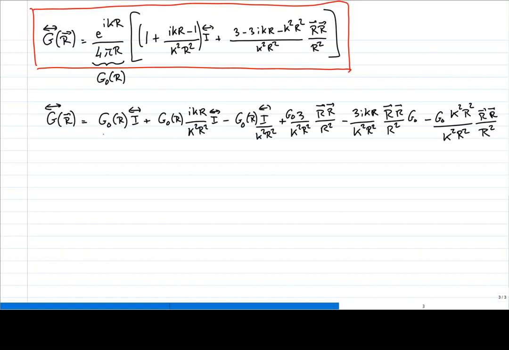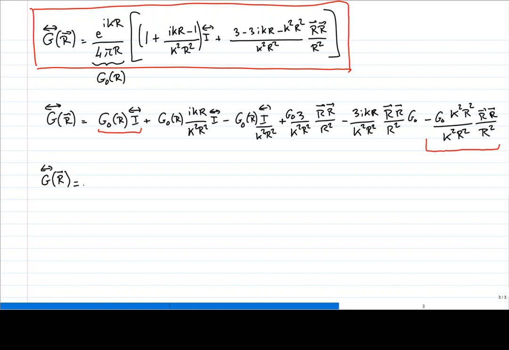First, we're going to refactor some of the terms. We're not going to factor out a G0 as we've done before, but we're going to look at the dependence of these terms as a function of 1 over kr. So we have this term here as well as this term here that have no dependence on 1 over kr.